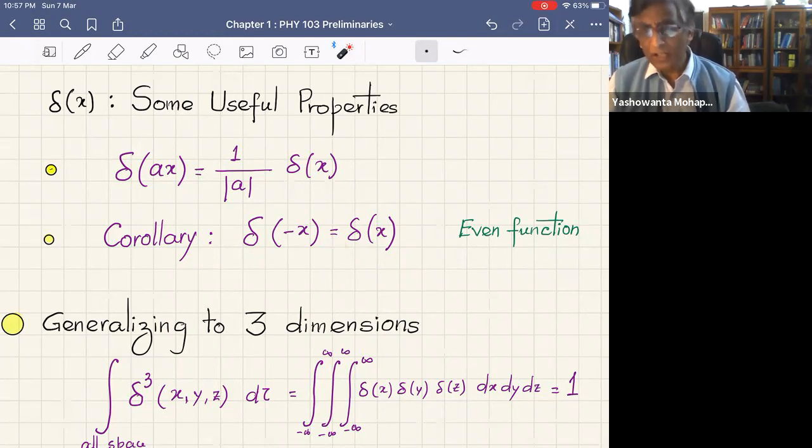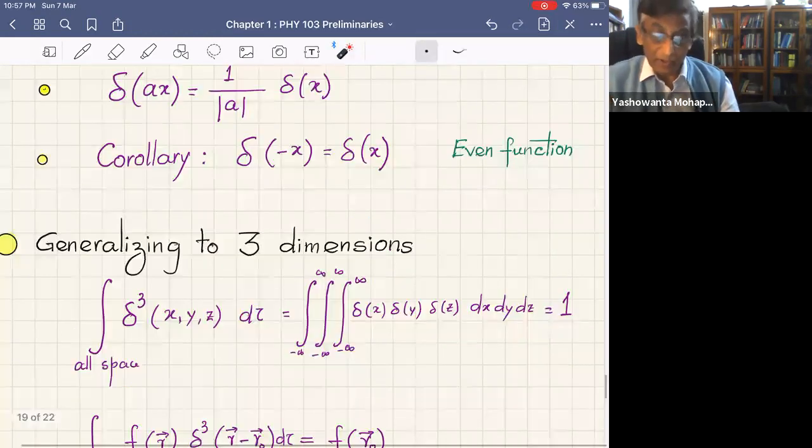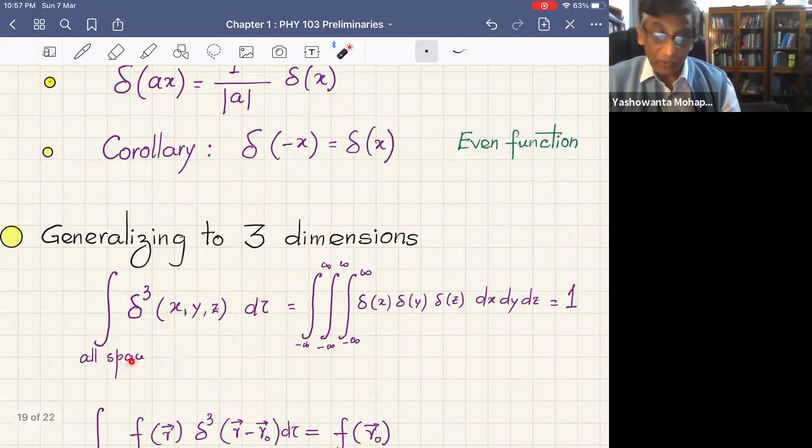Now let's generalize this to 3 dimensions. This I've shown in 1 dimension, but to us in electromagnetic theory, since we are dealing with vector calculus, we need to do it in 3 dimensions. So in 3 dimensions, let's say all space, we write delta 3-dimensional of x, y, z.